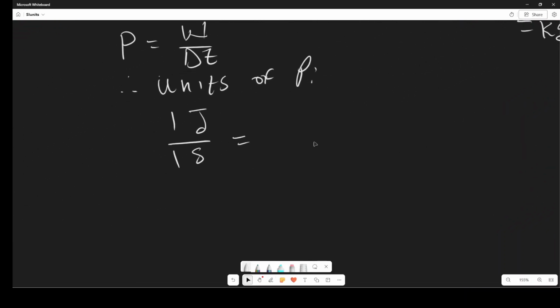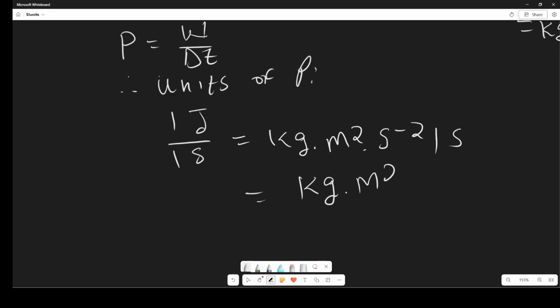So then we have kilograms meter squared per square second over second, which is equal to kilograms square meter seconds to the power 3.